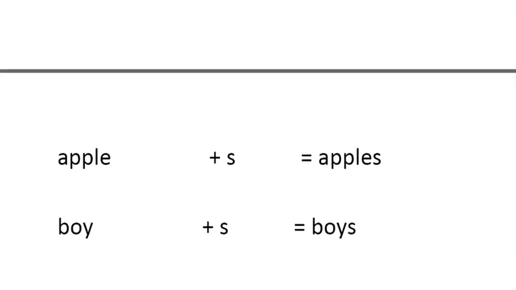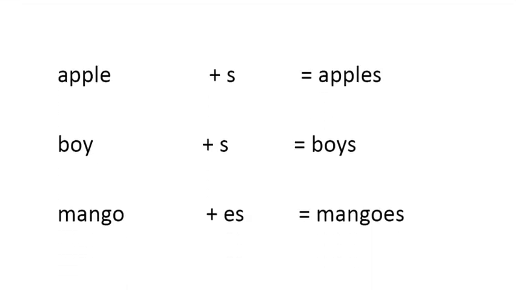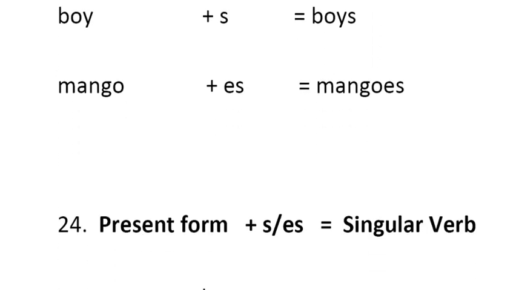Apple plus s, apples, boy plus s, boys, mango plus es, mangoes. So it's very simple and very popular. Means you add s or es with the singular noun and it becomes plural noun. In these, s and es are actually suffixes.